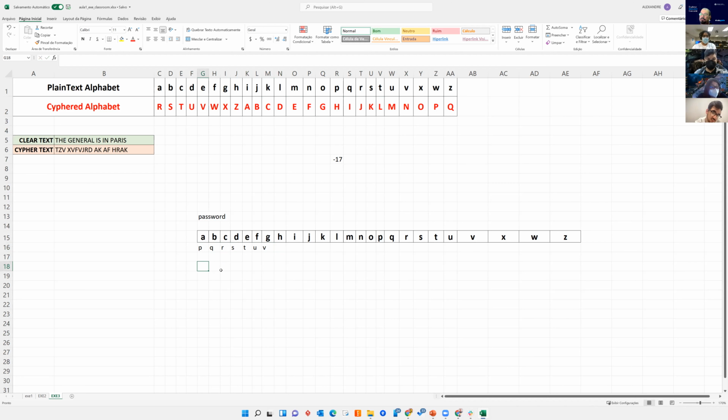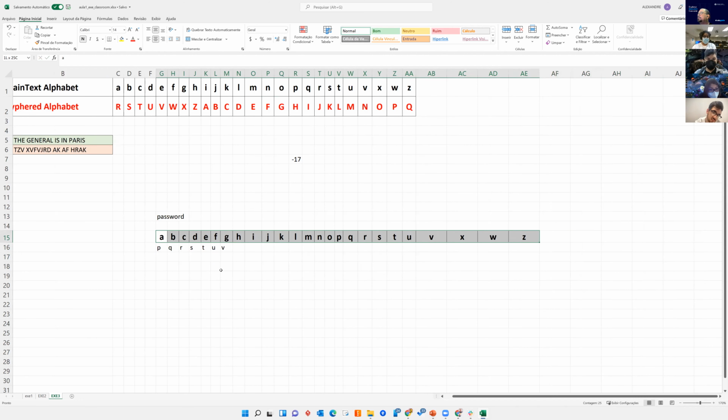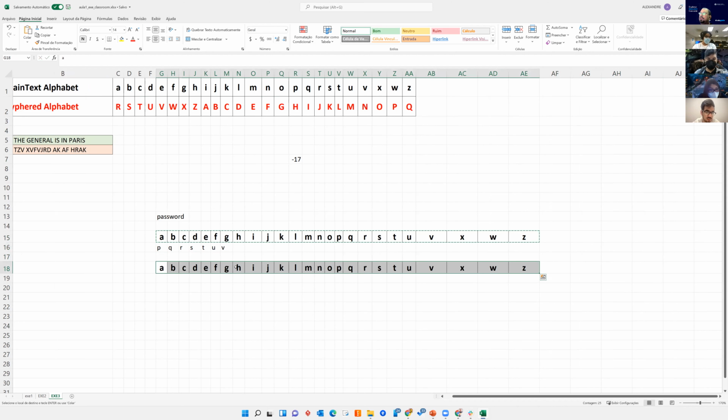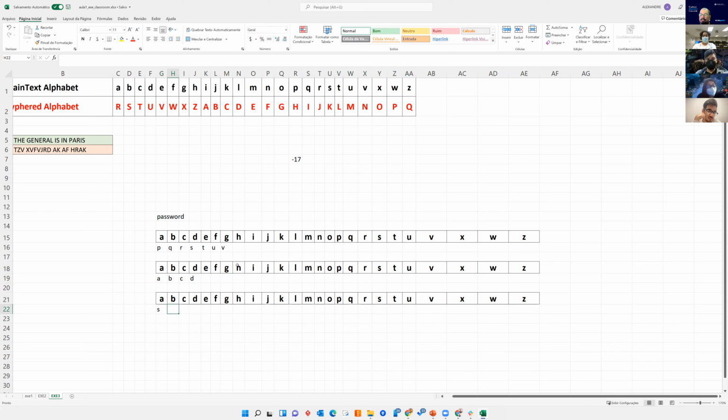The second one uses the next letter of the password, A, it continues the same, okay? A, B, C, D, and so on. The next one is S, T, and so on.